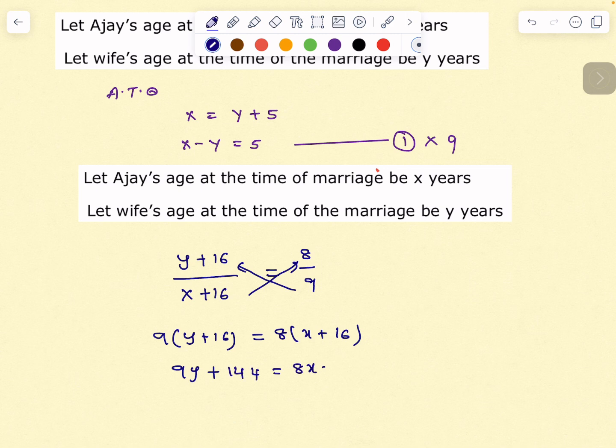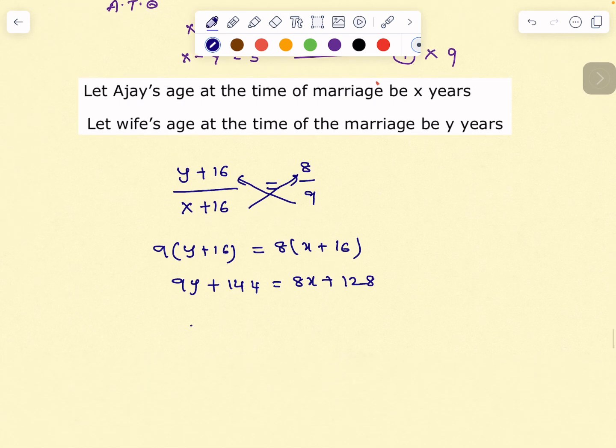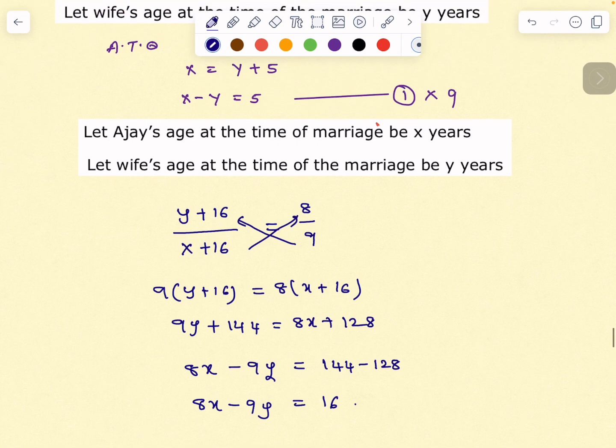And 8x plus 128. We can rearrange this as 8x minus 9y. Taking the 128 to this side, it becomes 144 minus 128. So 8x minus 9y equal to 16. Let us say this is equation number 2.